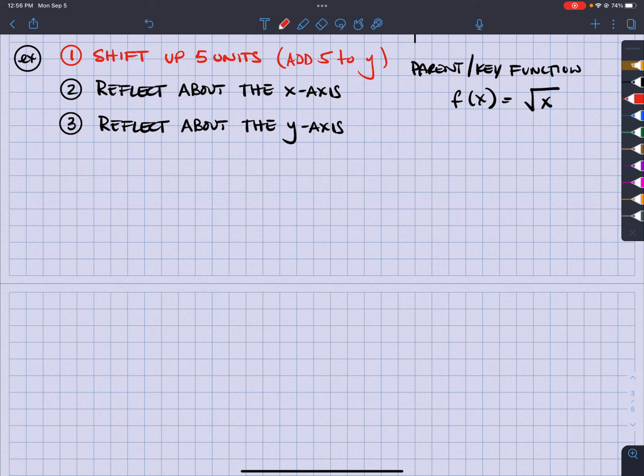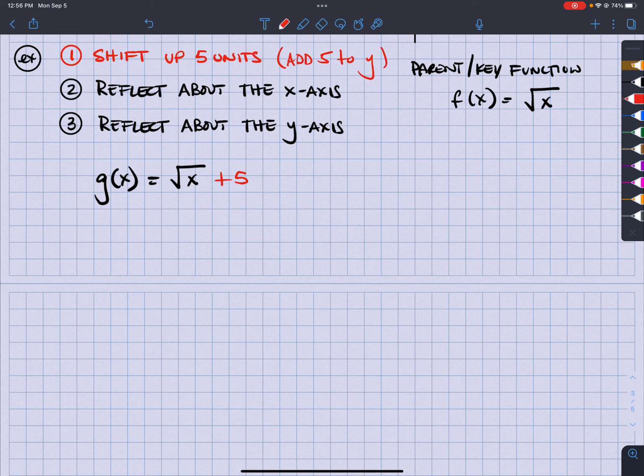All right. So my g of x is now going to be the square root of x. Actually, let me do it this way. Undo. And I'm going to add 5 to it.